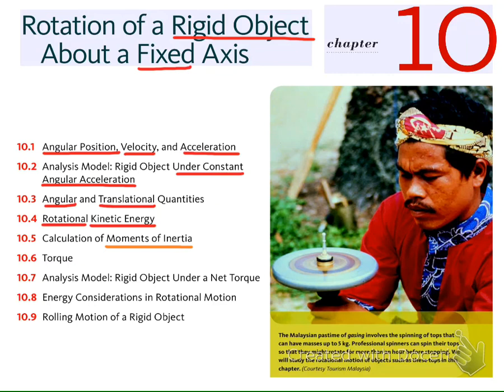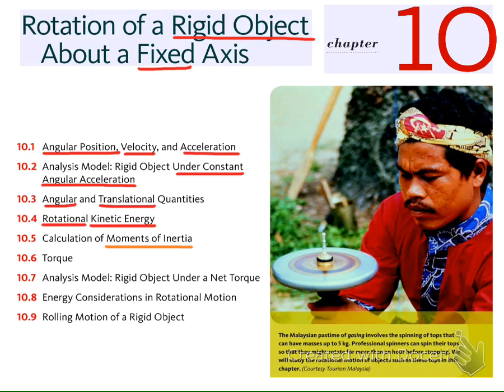Like when we discussed the linear motion, we first discussed the kinematic equations, to describe the motion, and in sections 1 to 3 we talk about the kinematic equations of rotation. In section 6 we will talk about the cause of motion.